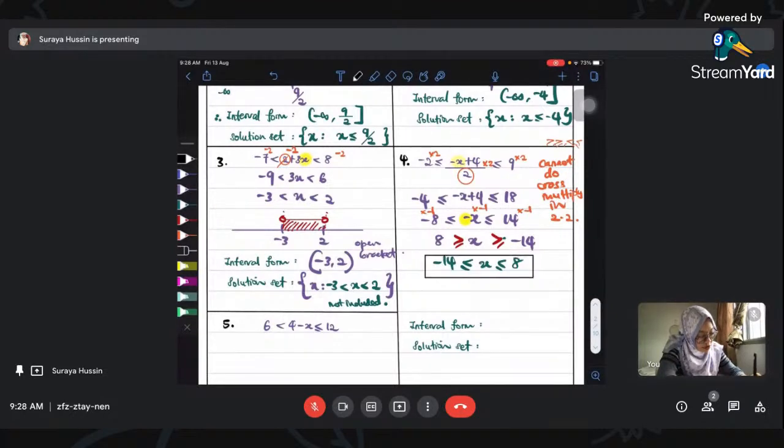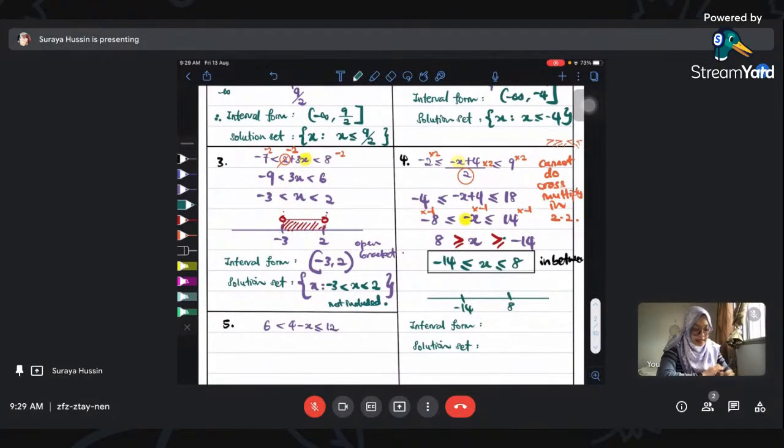You must understand, I like the in between form because it is easy to read. That's why I always write in the form less than and less than. Only in this form does it mean in between. So please find your in between first, then draw the number line.